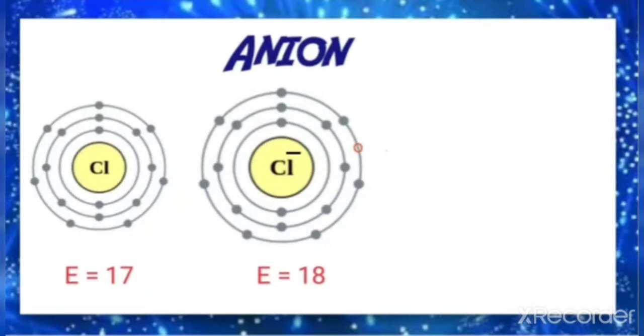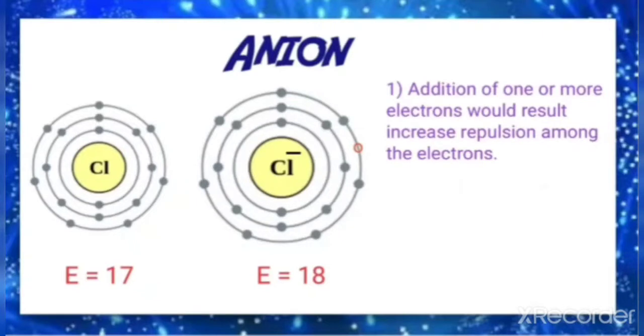So let us find the reason for the increase in the size of the atom. The addition of one or more electrons results in increased repulsion among the electrons. As we just discussed, as the number of electrons is increased, the negative charges start to repel each other. Because of the repulsion, they move outward, so the size is increased.